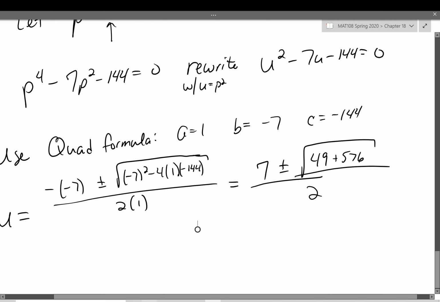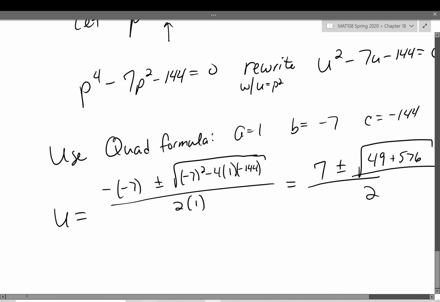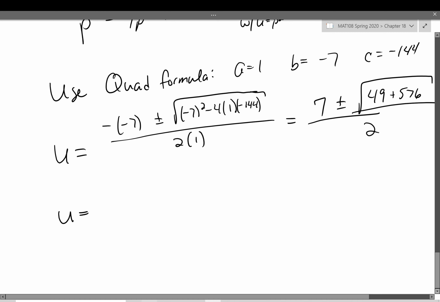Like I said, we just take this one step at a time. No need to rush. So this gives me u equals 7 plus or minus the square root of 576 plus 49, which is 625, all over 2.